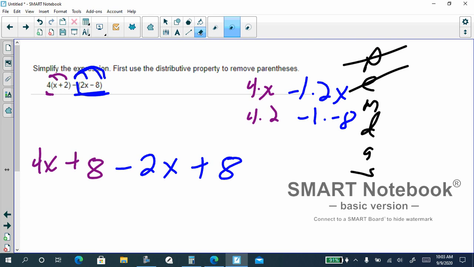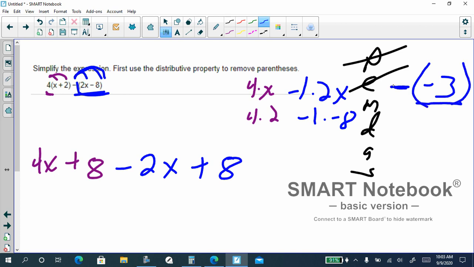Some people think about that as a negative means the opposite. If I have a -3, that means the opposite of 3. If I put a negative in front of that, that means the opposite of this. So the opposite of -3 would be +3.